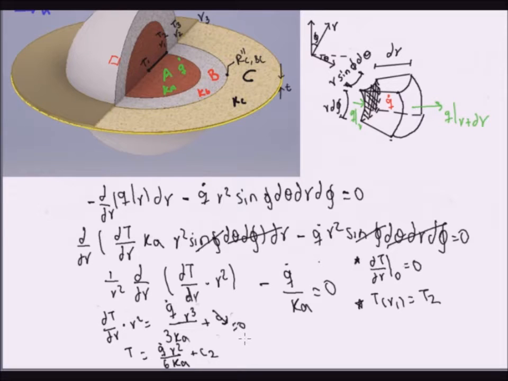So to solve for C2, we get T2 is equal to Q R1 squared over 6 Ka plus C2, or that C2 will be equal to T2 minus Q R1 squared over 6KA.